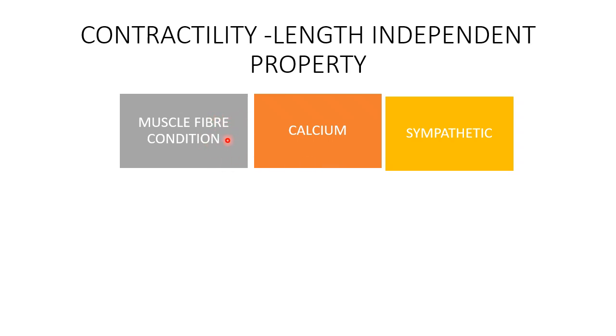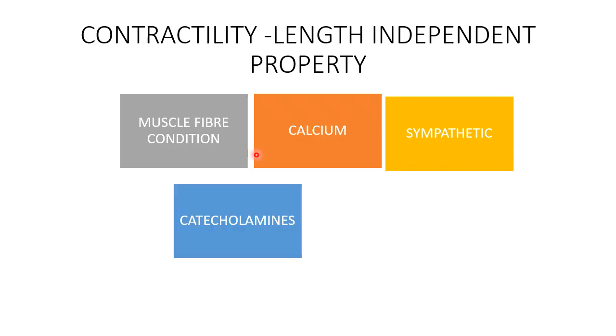If the muscle fiber is damaged, then it will not be able to contract properly. Then the sympathetic stimulation increases the contraction of the muscle fiber by acting on the beta 1 receptors, by releasing the neurotransmitter noradrenaline, and that increases the cardiac contraction.